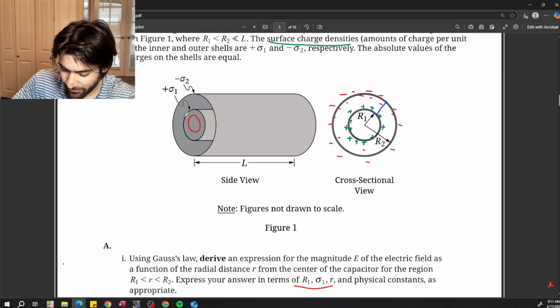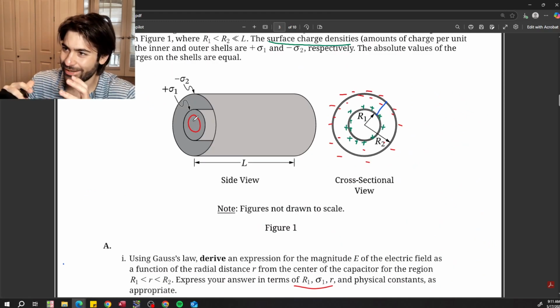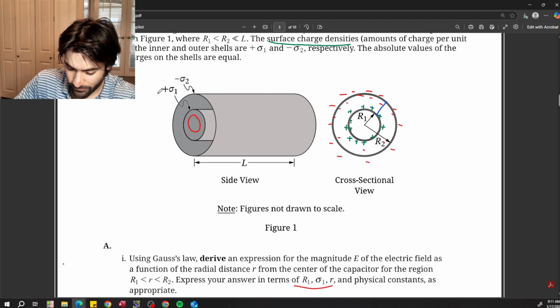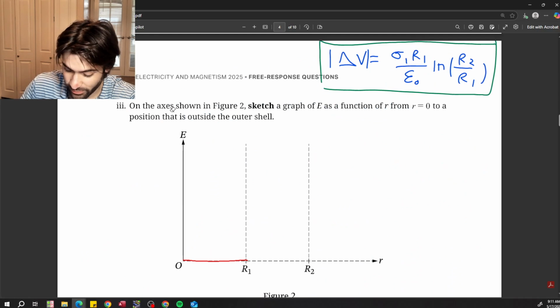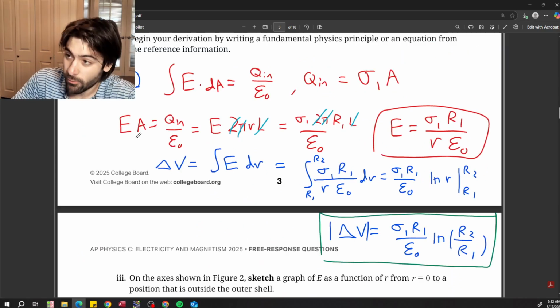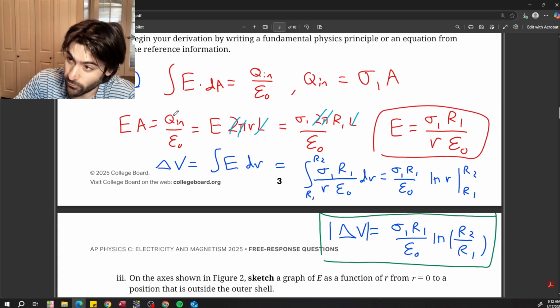Then all of a sudden, I have encapsulated that sigma 1 charge once I'm out here. Now it goes from containing no charge to containing all of the charge that lies on the inner coax. So it's going to jump up to some value. We said that EA is equal to charge enclosed over epsilon naught.